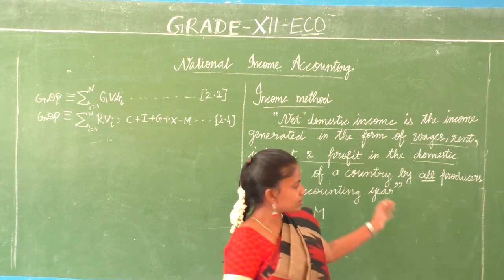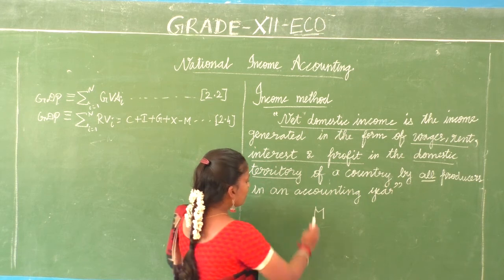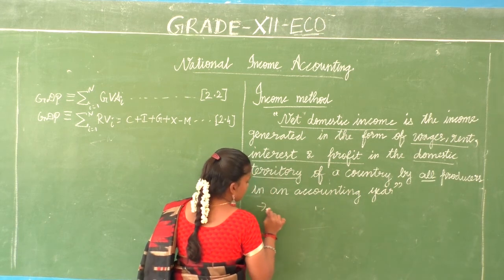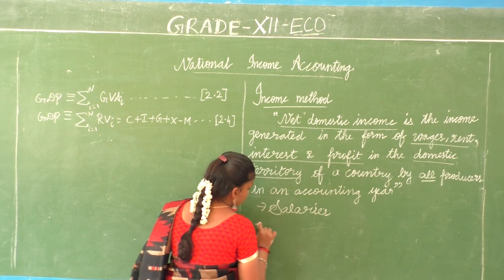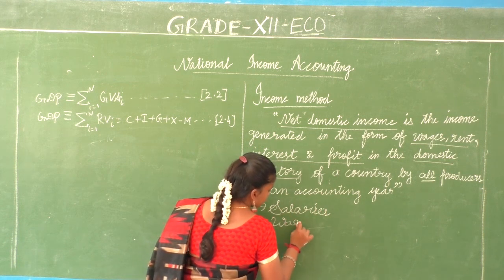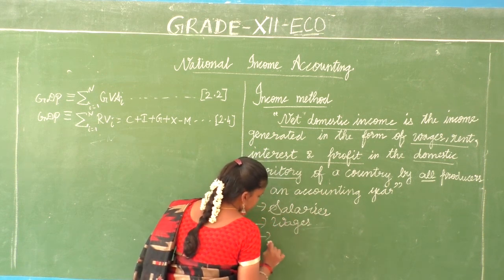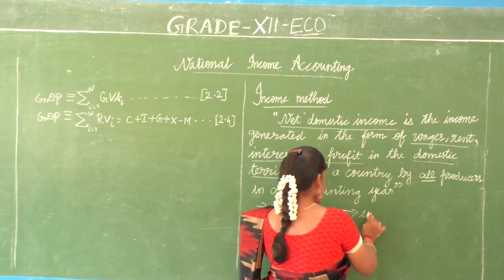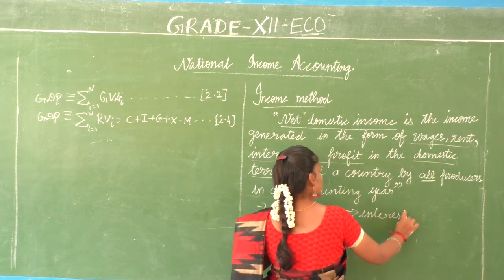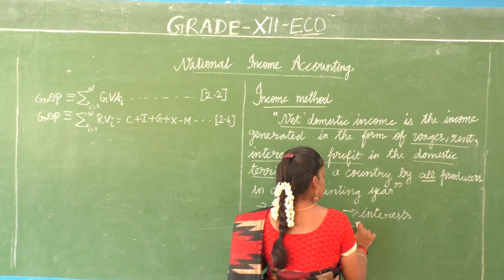So what are the factors that are involved here? We speak about salaries, wages, rents, interest and profit.